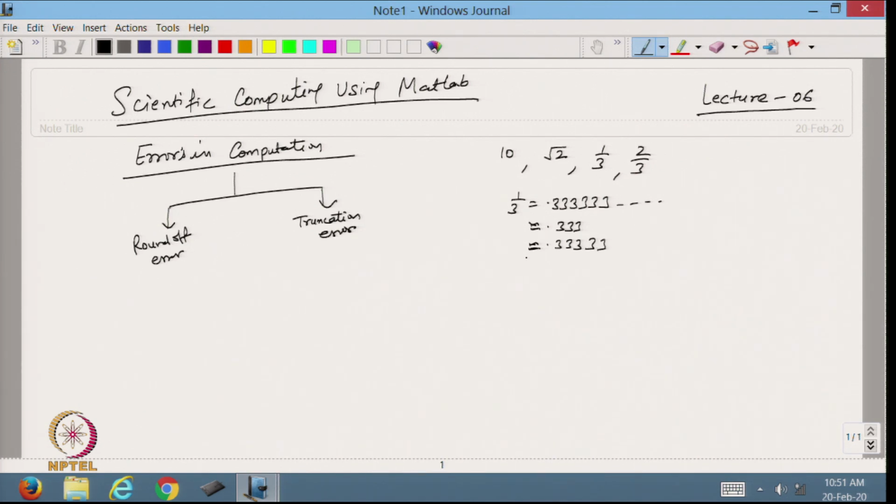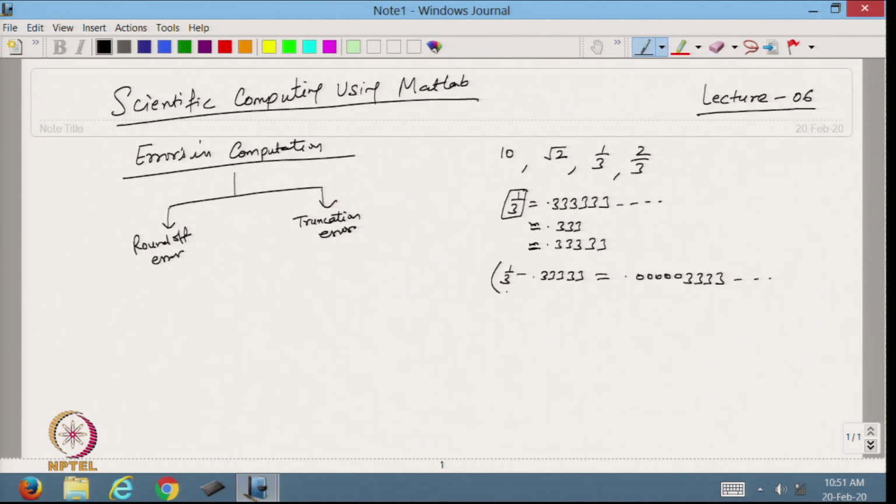So in this case I have introduced an error, that is I am approximating the number 1 by 3 with the number 0.33333. So I am introducing my error, and that error will be 1 by 3 minus 0.33333. So the error will be, I think, 0.0000003 and 3.